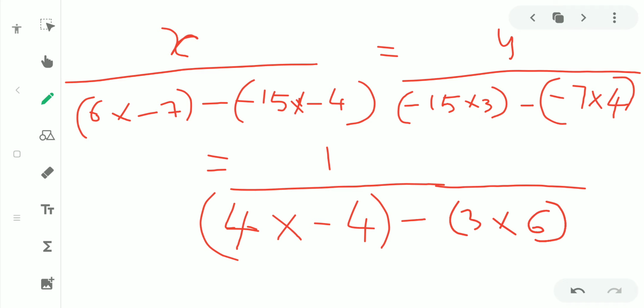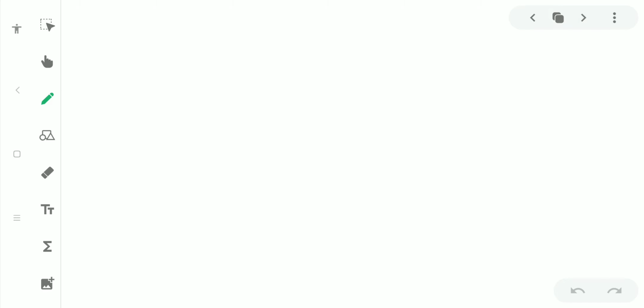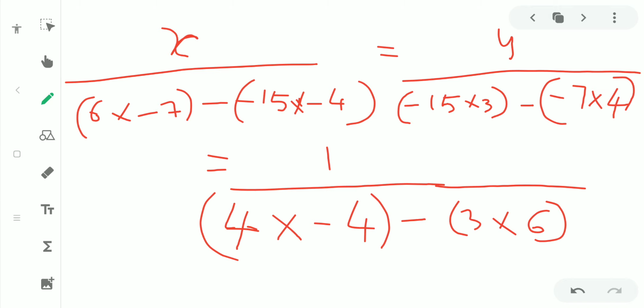Now let us simplify them. That is x by 6 into 7, nothing but minus 42. X by minus 42 minus 15 into minus 4 is nothing but plus 60.